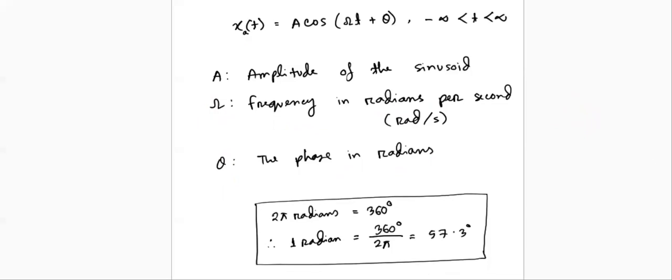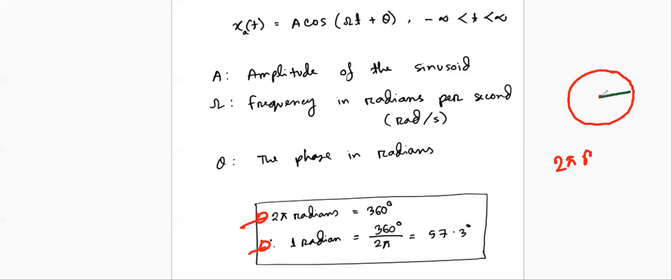Okay. So I have just made two lines to represent the relation between the radians and the degrees. As you already know, if I have a circle like this, it contains the circumference, which is 2 pi r. And the concept of the radian is like this.